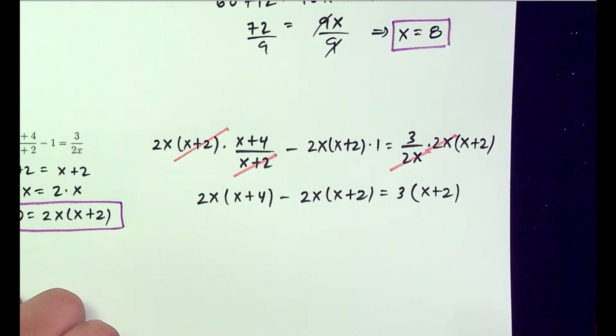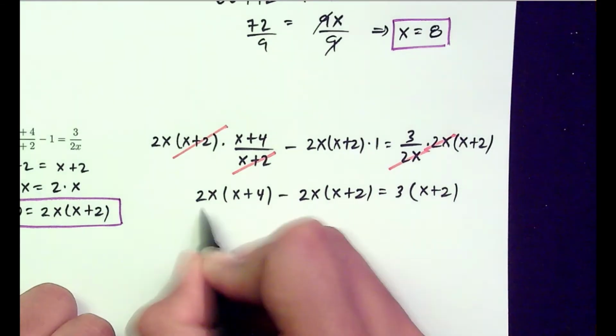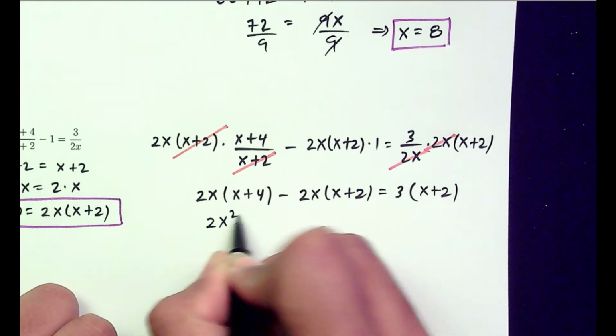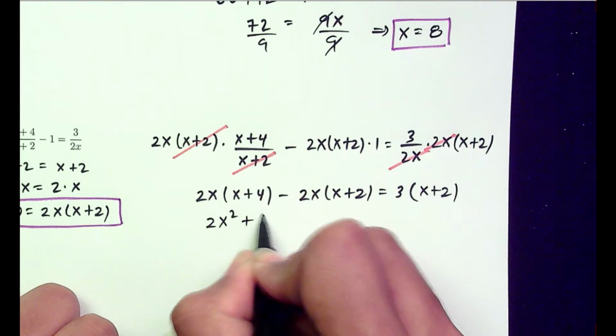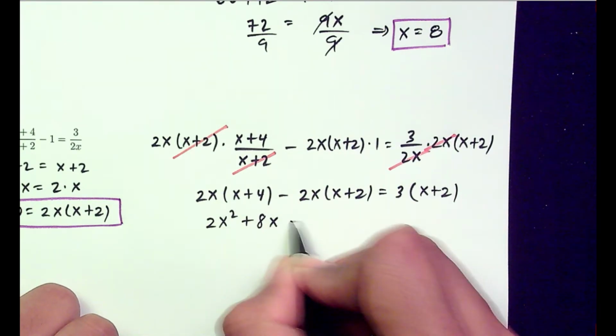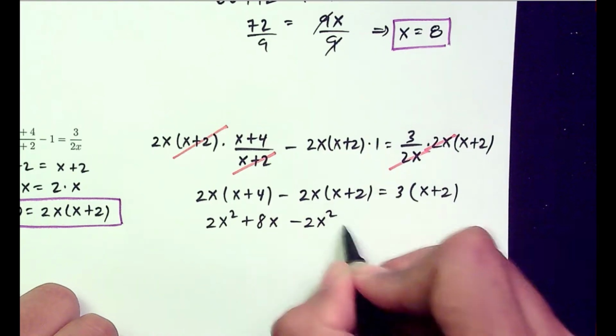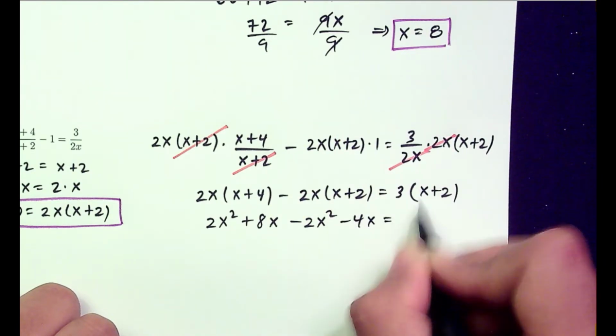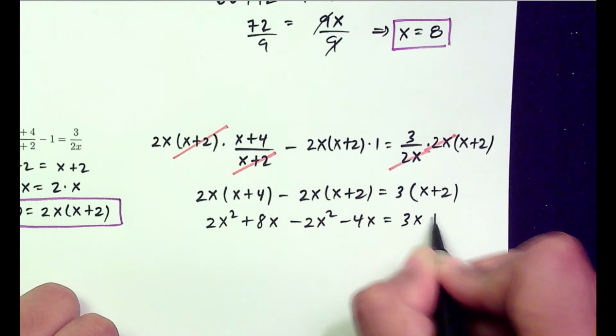Okay, now let's simplify this. Distribute, so that's going to be 2x squared plus 8x minus 2x squared minus 4x equals 3x plus 6.